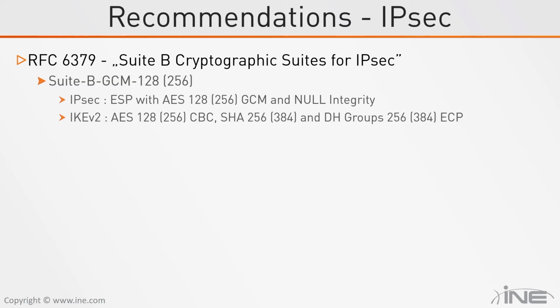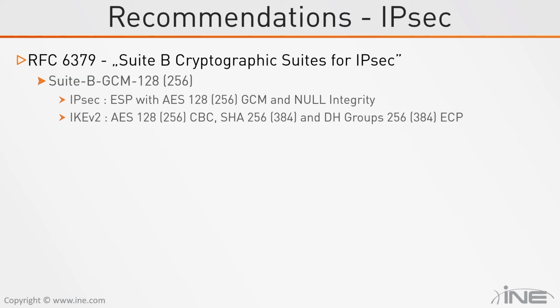So again, whatever you see here in the parentheses, this is talking about the 256 variation versus everything we see without the parentheses, like over here or here, SHA-256, the regular Diffie-Hellman. This is talking about 128 version of this suite. Note that for the management tunnel, it is talking about AES running in the cipher block chaining mode, not GCM.